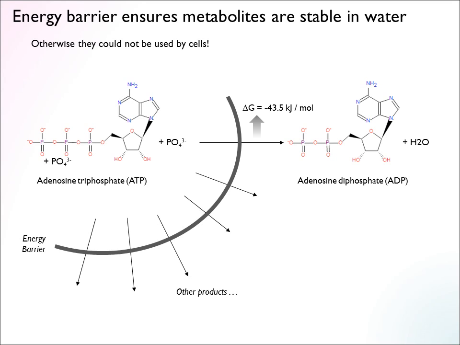High energy compounds like ATP are not unstable in any way because they are high energy. The stability and spontaneity of reactions has to do with the energy barrier. The energy barriers that are in place ensure that these metabolites are stable. So that's good to keep in mind.